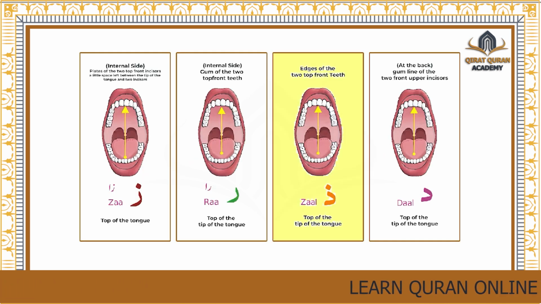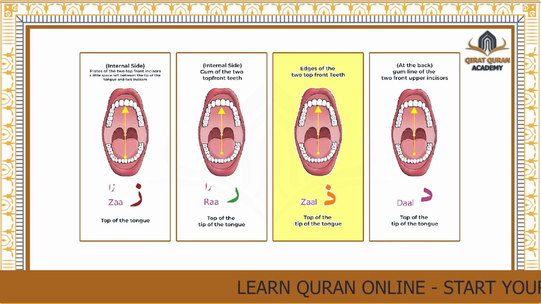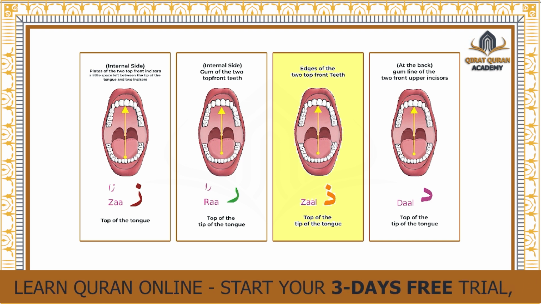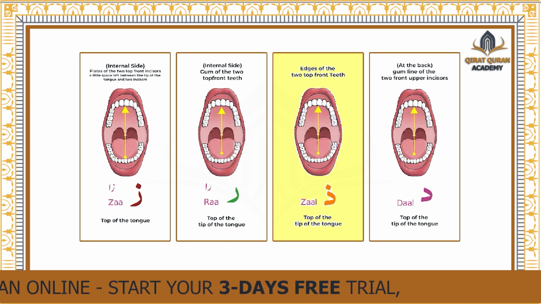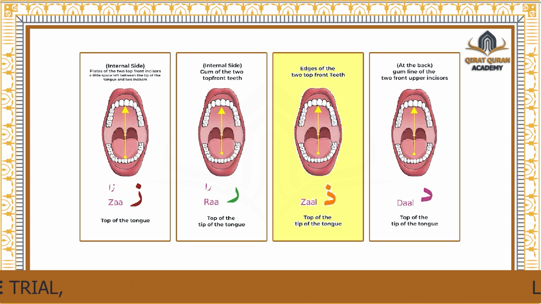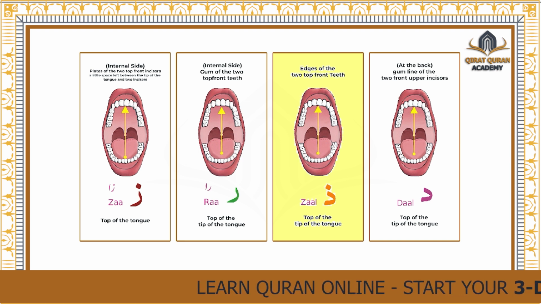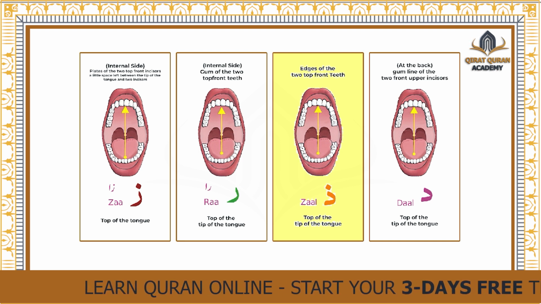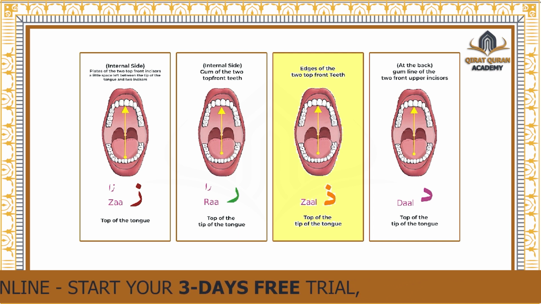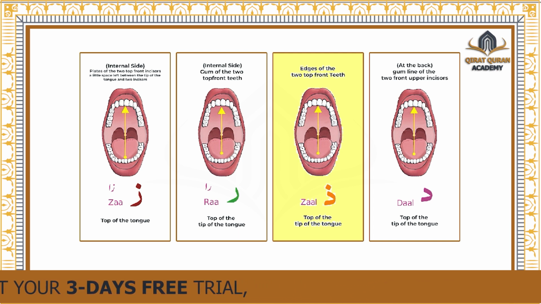So this is the inner view of the mouth. When we pronounce Zal, we touch the tip of the tongue to the edges of the upper two front teeth. Zal and Sa have the same pronunciation.